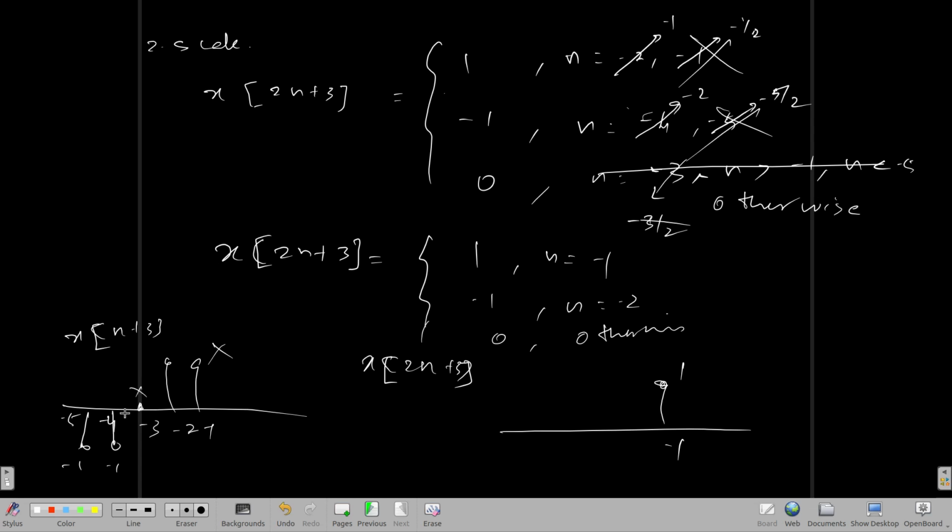So we just avoid this. -4 will be mapped to -2. So this is -1, -2. And -5 will be mapped to -5 by 2, again, which is not possible. So out of these 5 values, only 2 can be mapped to the new one.